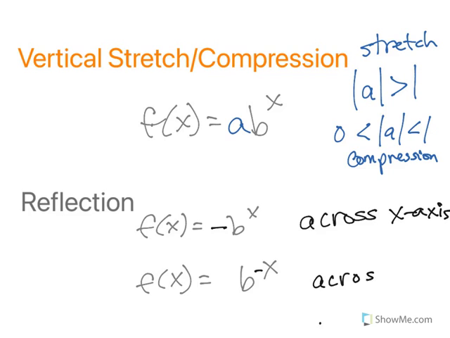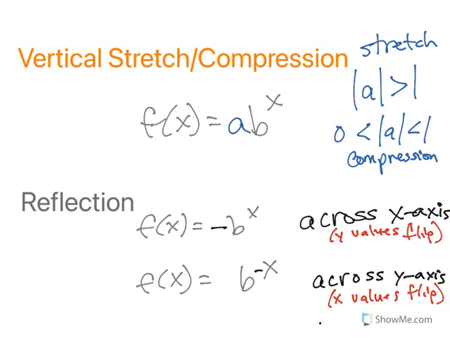And if it's across the y-axis, the negative sign will be with the x. So if you flip across the x-axis, that means your y values flip, so they all become positive or negative. They just flip. And if you go across the y-axis, your x values flip. Okay? So those are a little bit harder to remember.